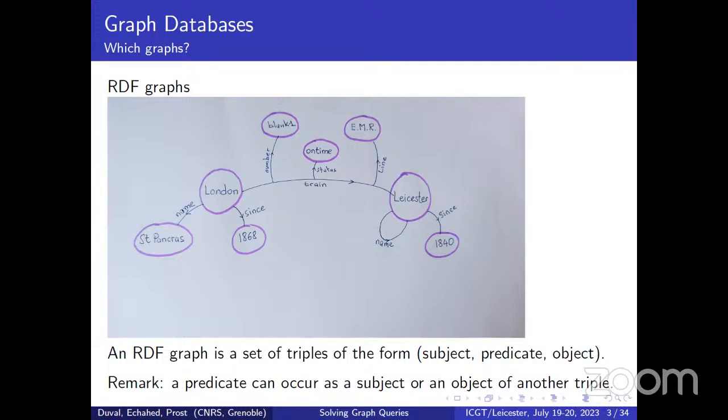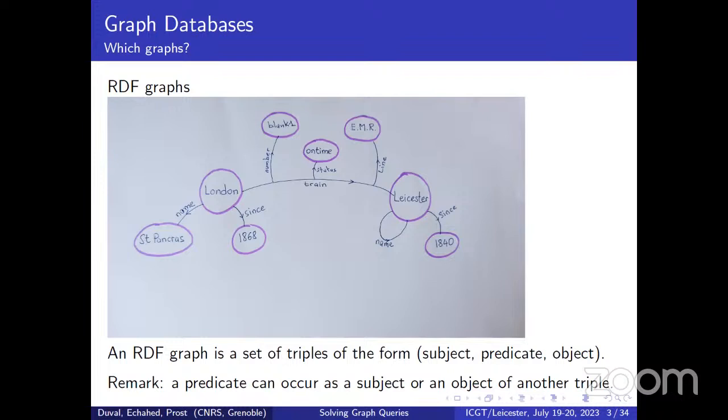However, what we can remark here is we can have edges between edges and nodes, or edges between edges. So just an edge which goes from itself to itself.